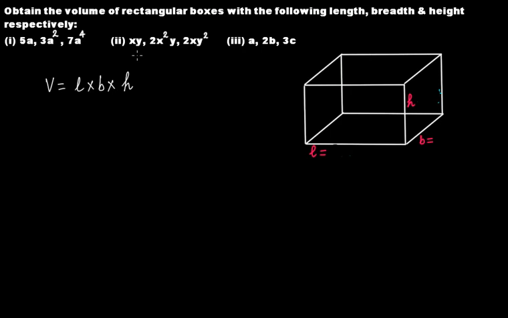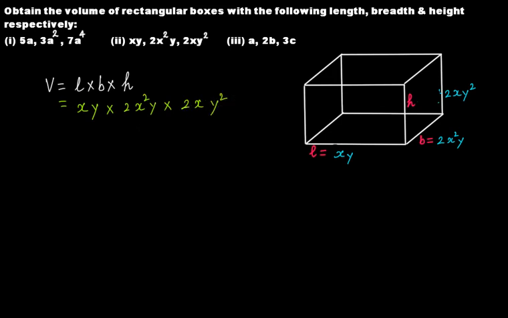Now in the second case, we have length as xy, breadth as 2x squared y, and height as 2xy squared. So putting this in this formula, length is xy, breadth is 2x squared y, multiplied by height 2xy squared.